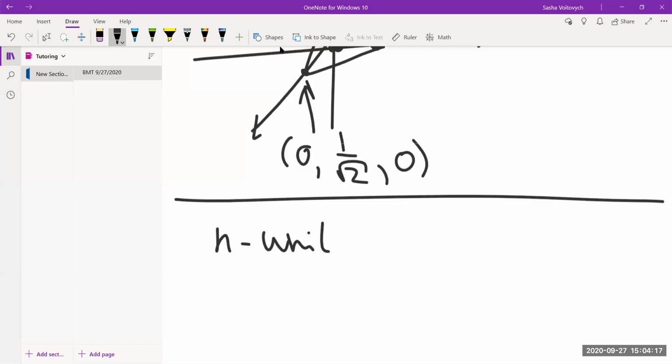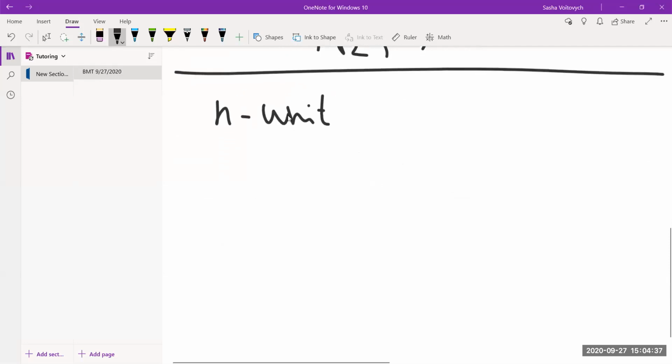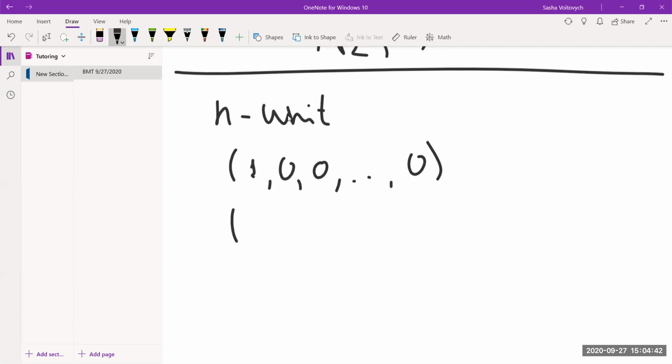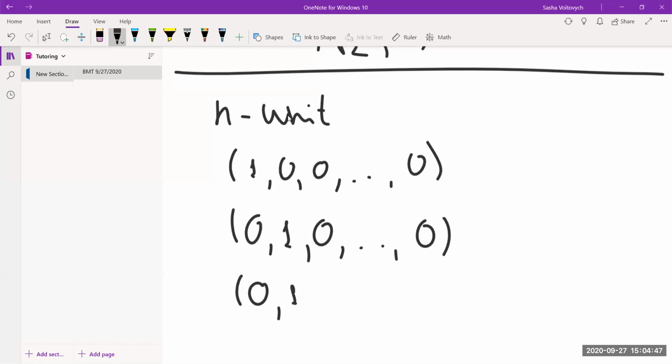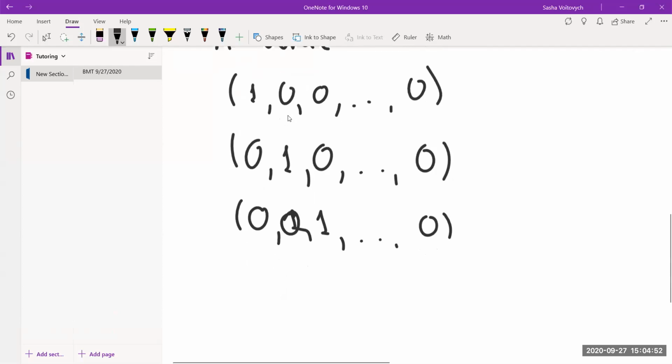Yeah, so let's consider n-unit simplex, general n-unit simplex. The problem asks us to find a radius of a sphere such that the n-unit simplex is inscribed in it. Okay, so let's consider endpoints in Rn that have coordinates as following.